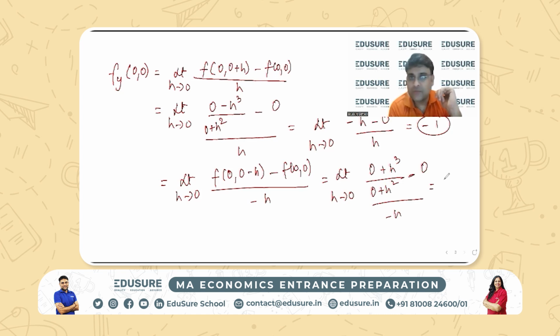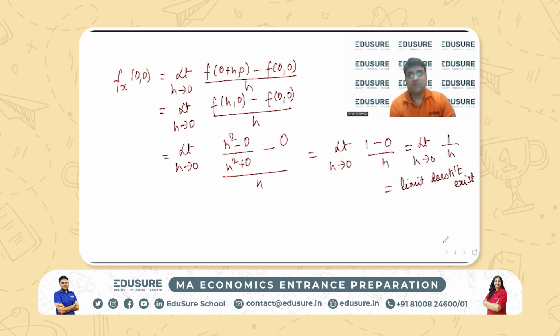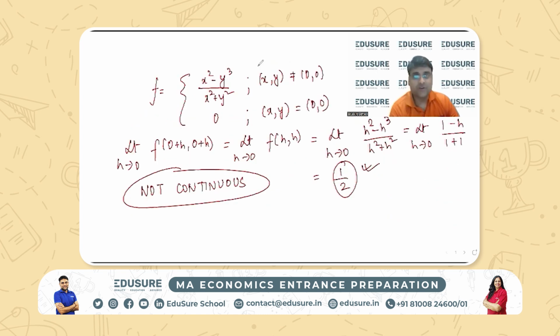Okay, so this will become limit h tends to 0, h minus 0 by minus h. Again, I'll get the value as -1. So the left hand derivative and the right hand derivative are both the same, and the value is -1. So fy, the partial derivative of f with respect to y at 0, will be -1. The partial derivative of x at 0 is the limit doesn't exist and the function is not continuous.